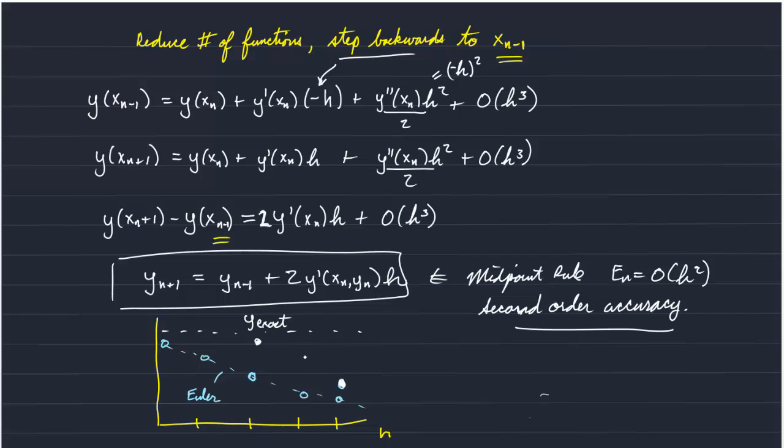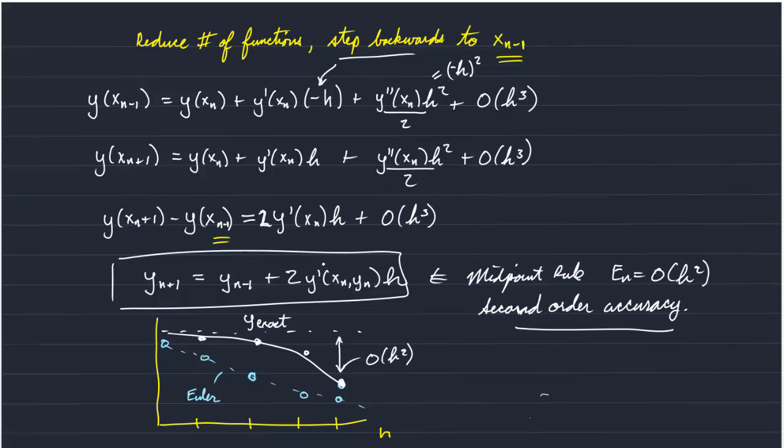So if we were to plot y as a function of h, we'd get a curved function, where the error is of order h squared.